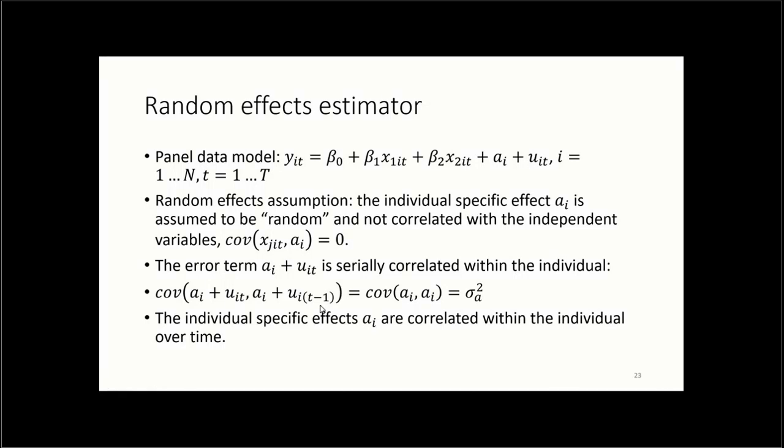Well, if we assume that the individual specific effects are not correlated with this idiosyncratic error term, we still would have this one dropping, this expression reducing to the covariance between a_i and a_i. Basically, this is the variance sigma squared of a. So here the individual specific effects would be correlated within the individual over time. So now we have this being the variance of a, of the individual specific effect.